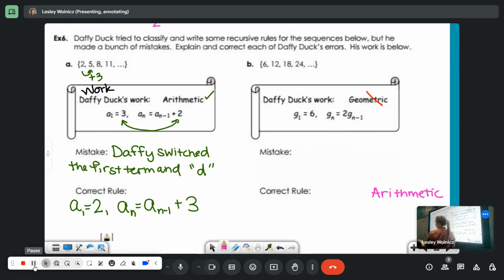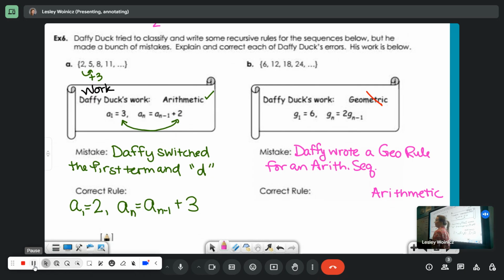So how would you describe this mistake? He wrote the wrong kind of rule. Daffy wrote a geometric rule for an arithmetic sequence.